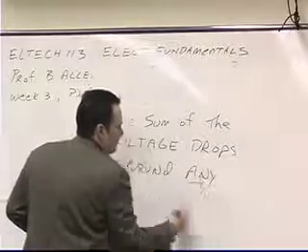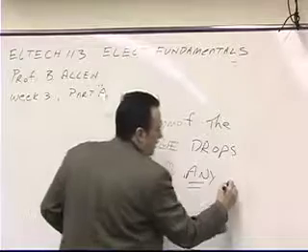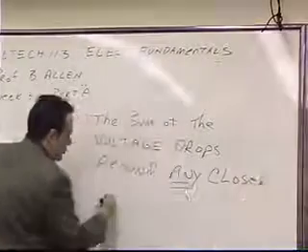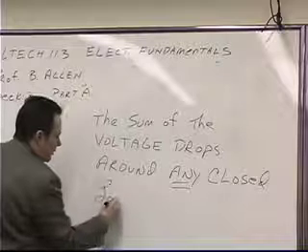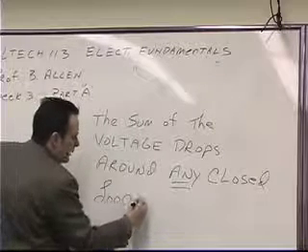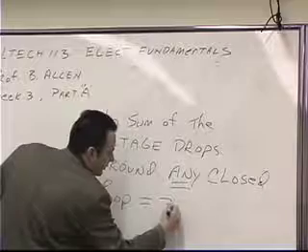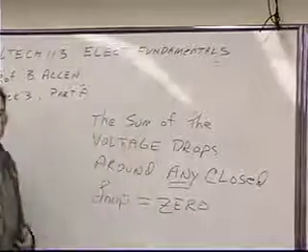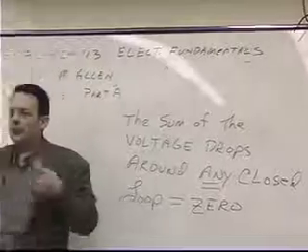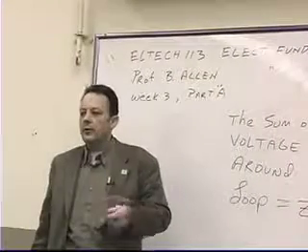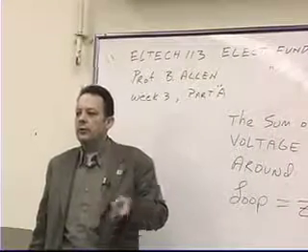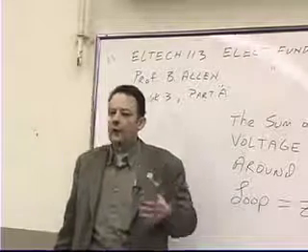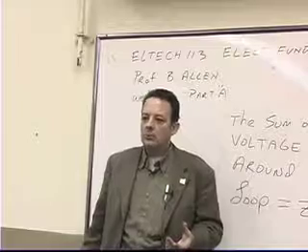I'm emphasizing any: around any closed loop. The sum of the voltage drops around any closed loop equals 0. That's the formal way of stating Kirchhoff's voltage law.